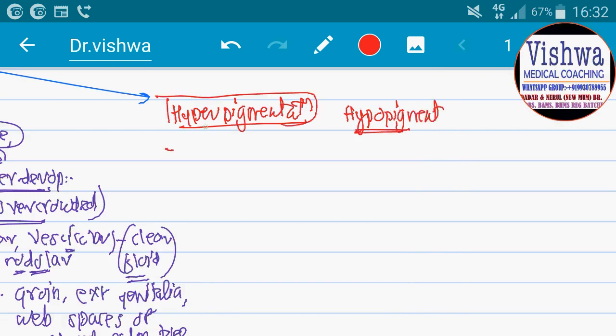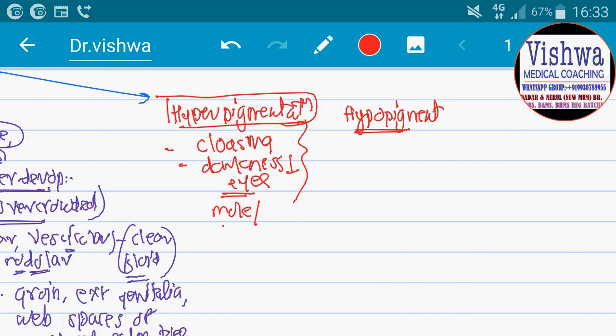Hyperpigmentation, you all must know there is something called chloasma, or darkness under the eyes, or some part of the skin which is hyperpigmented. Or we can also have moles, nevi, or natural hyperpigmented spots.